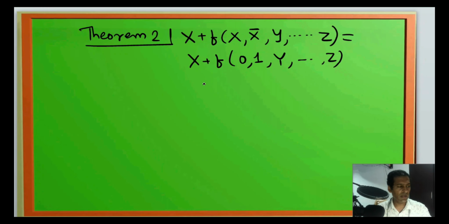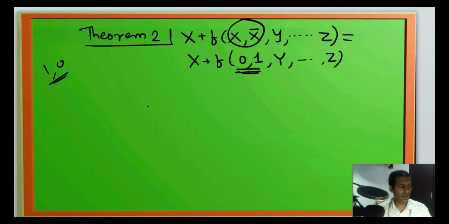So this theorem states that if a function containing terms in x and x bar is added with x, then all the x's and x bars in the function can be replaced by zeros and ones. Previously we replaced by ones and zeros.